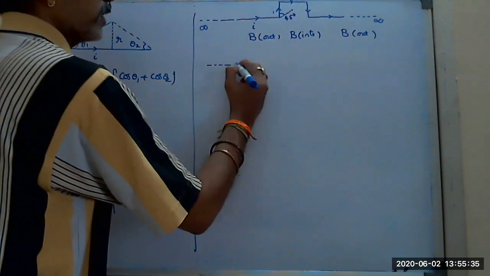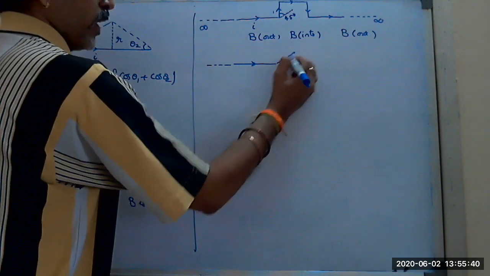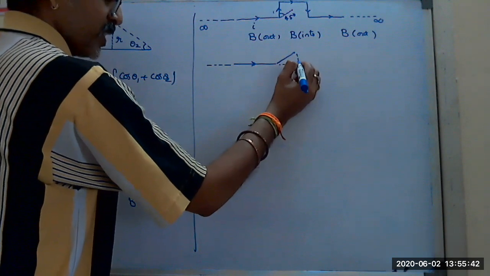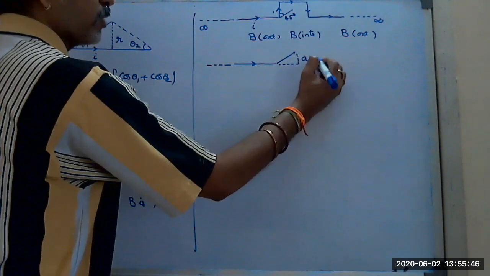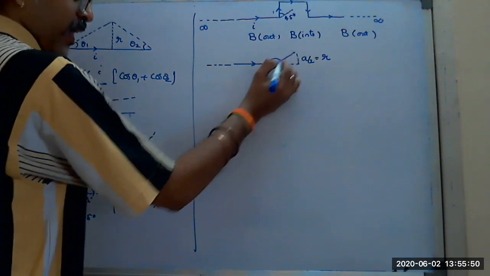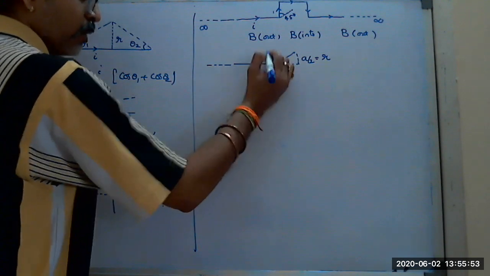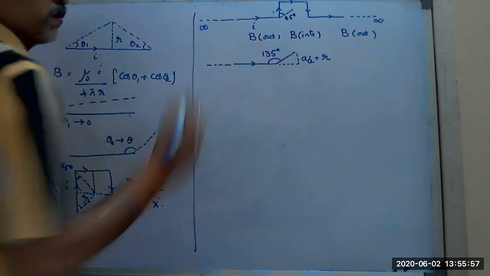So this part, here, this is the point, and the perpendicular distance is exactly half of the side length, a by 2. And the angle here, between the line joining and the wire, will be 135 degrees.